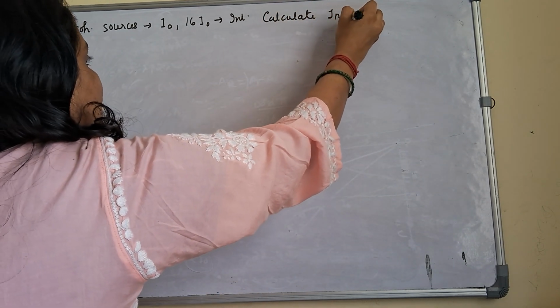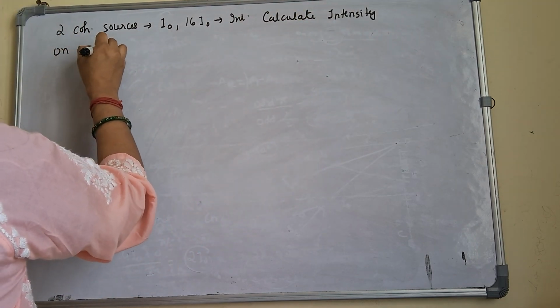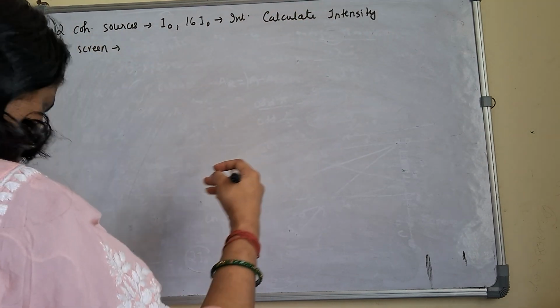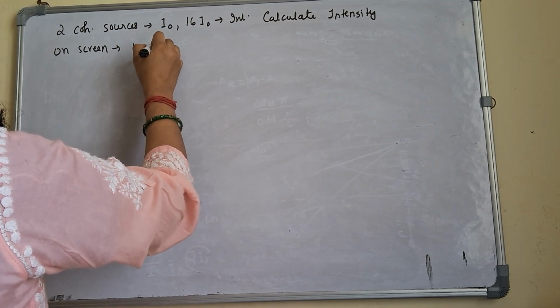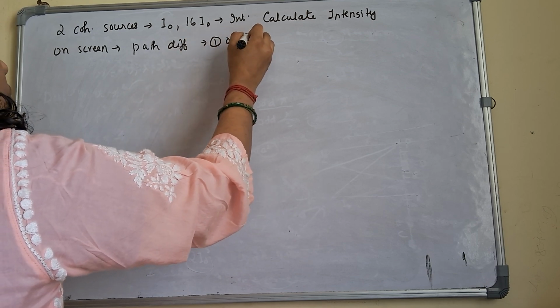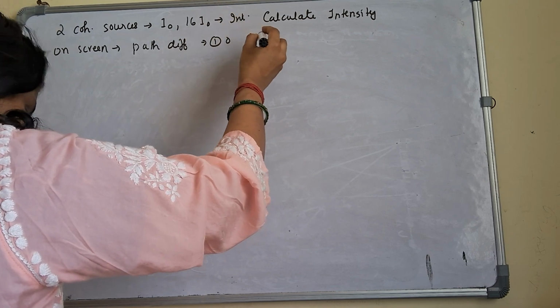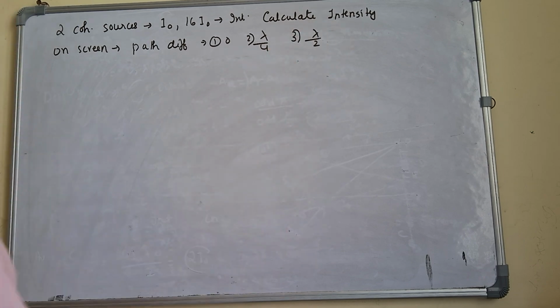What is the meaning of intensity on the screen? It is the resultant interference intensity corresponding to path differences: the first 0, the second lambda by 4, and the third lambda by 2.